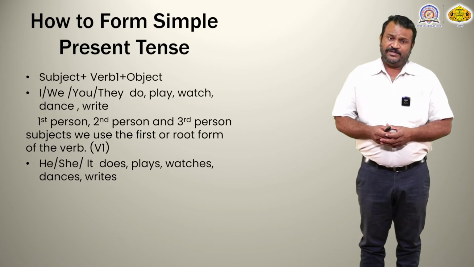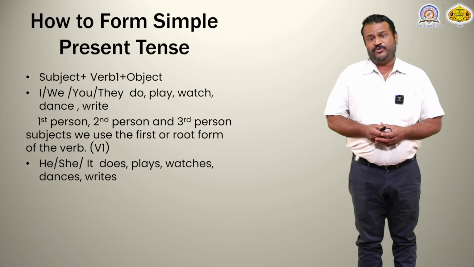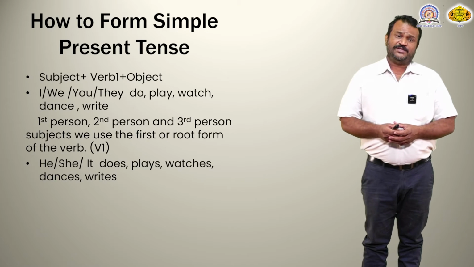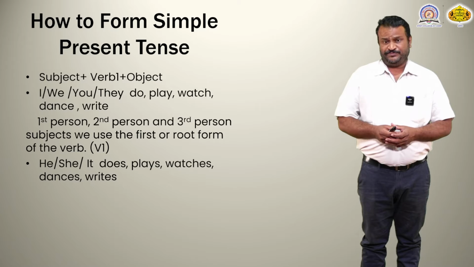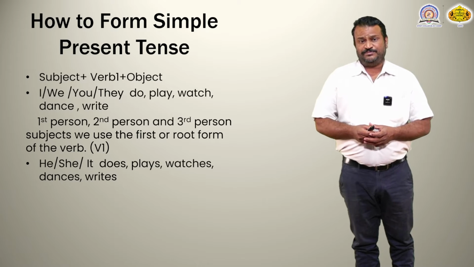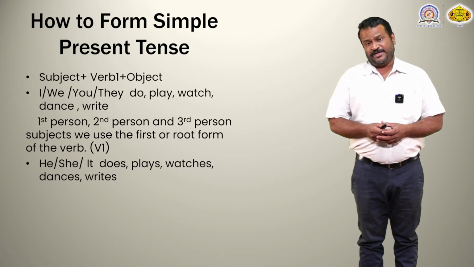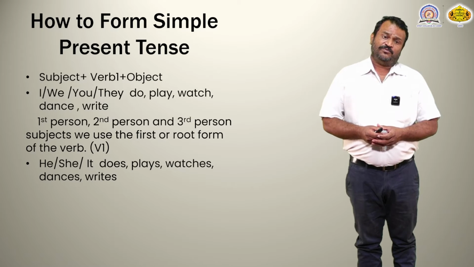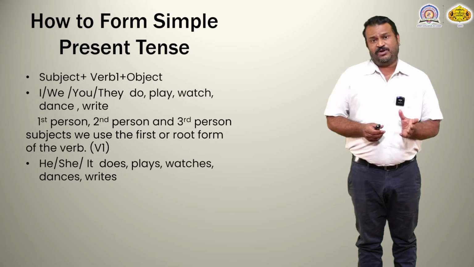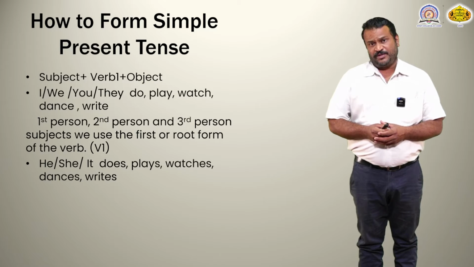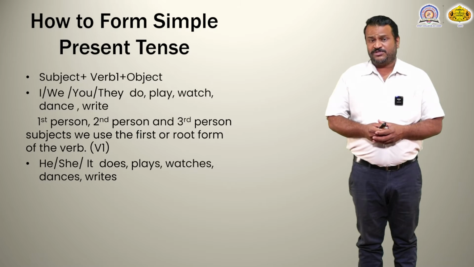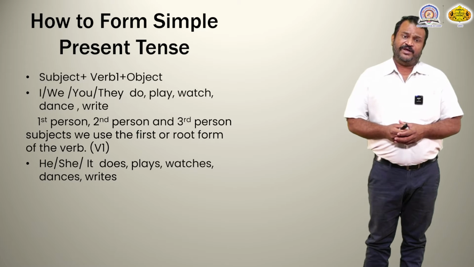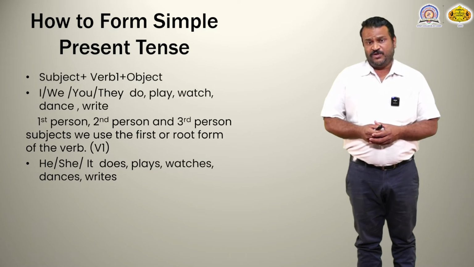Now see the difference between I, we, you, they and he, she, it. I, we, you, they. These are plural. And for the first person, second person and third person plural subjects, we use the first or the root form of the verb. Now when you are talking about a singular person, he, she, it, we add s to the verb.